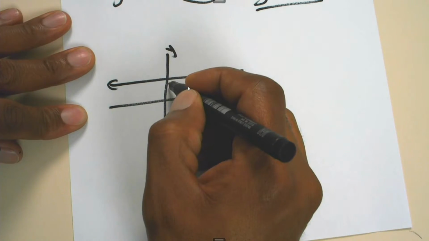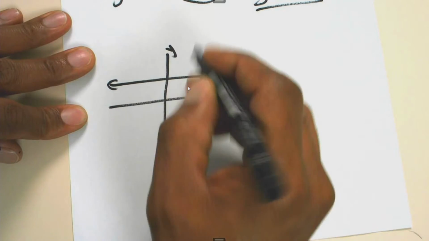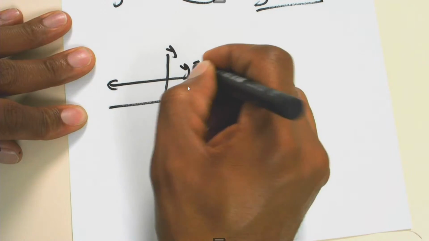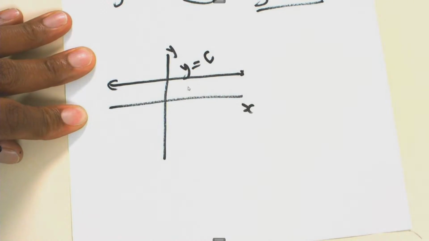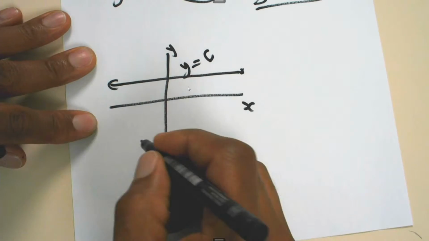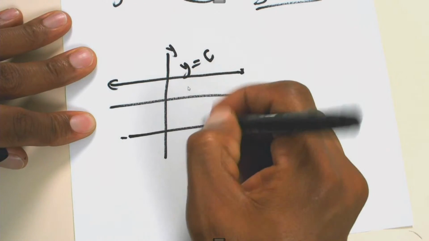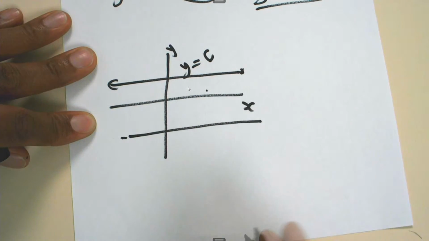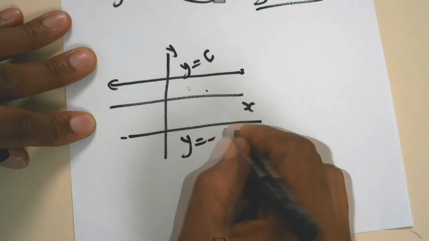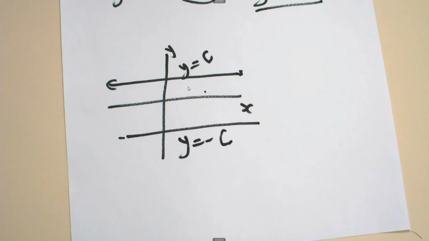This line cuts only the y-axis. So it means the equation of this is y = c, or the constant, or q. Now the same applies. I can also have it down here, but there is no way that this line will touch the x-axis. Then this will be y = -c, or y equals minus the constant. Please keep that in mind.